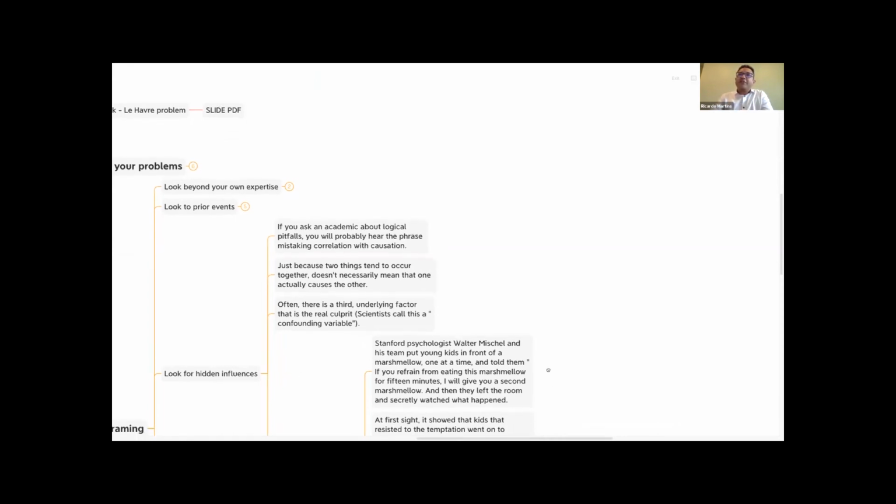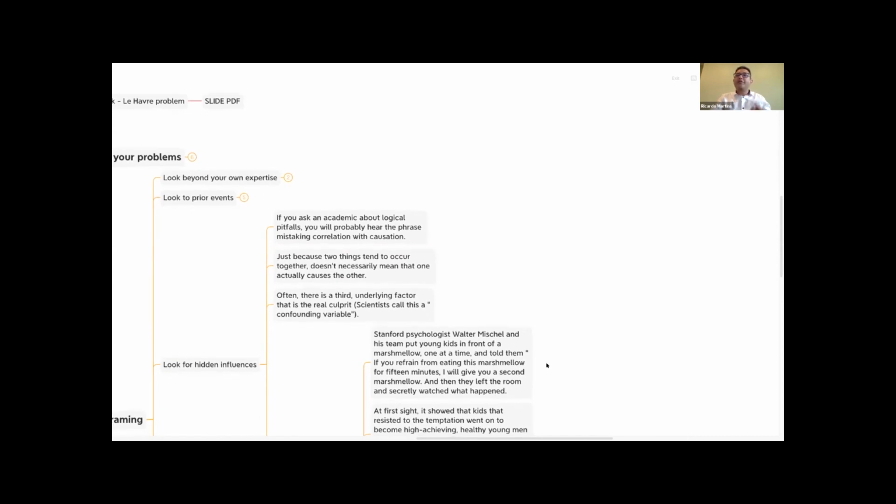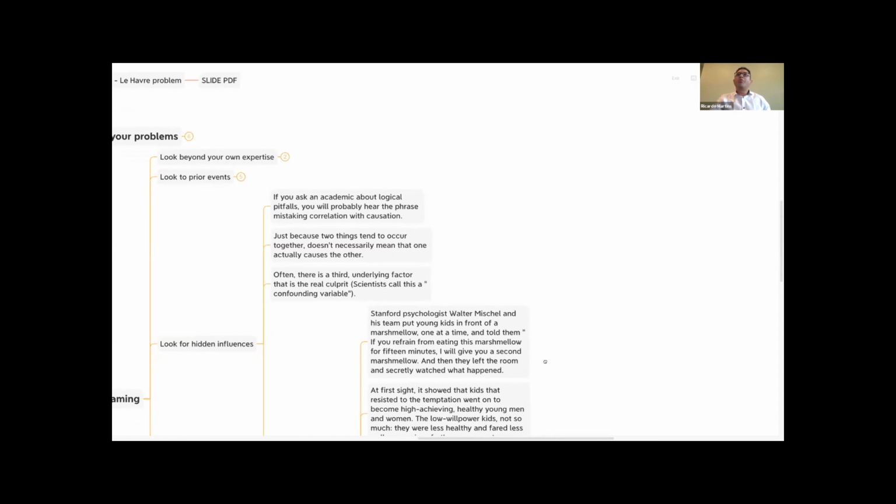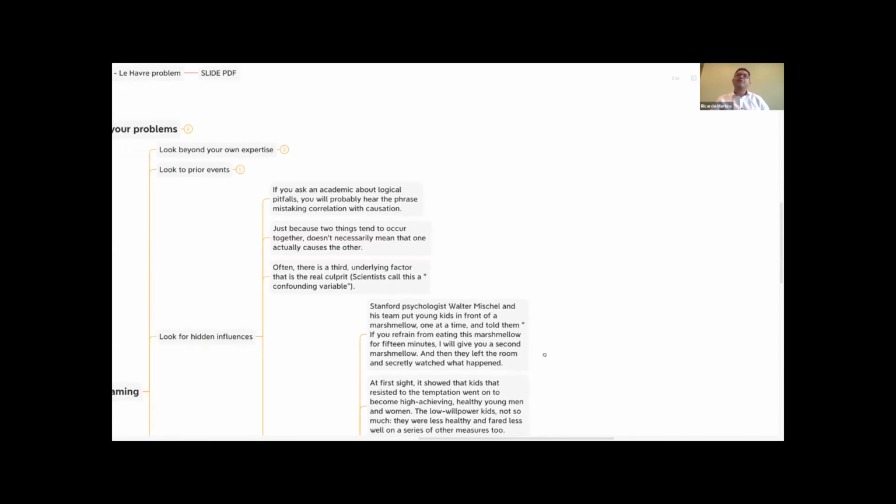At first sight, it showed that kids who resisted the temptation went on to become high-achieving, healthy young men and women. And the low willpower kids, not so much. They were less healthy and fared less well on a series of other measures too, after a lot of years.